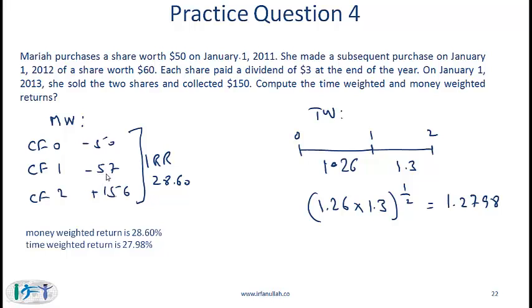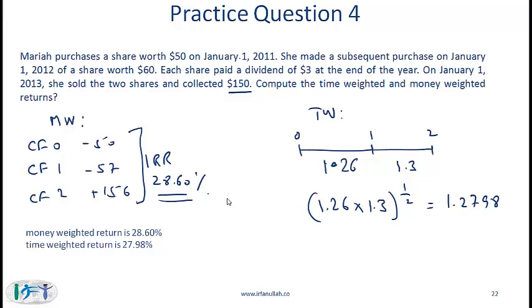So net cash flow is 57. And at the end of year 2, you sell the shares for a total of 150 plus you get $6 dividend. So the total cash flow is 156. Compute IRR and you should get 28.6.